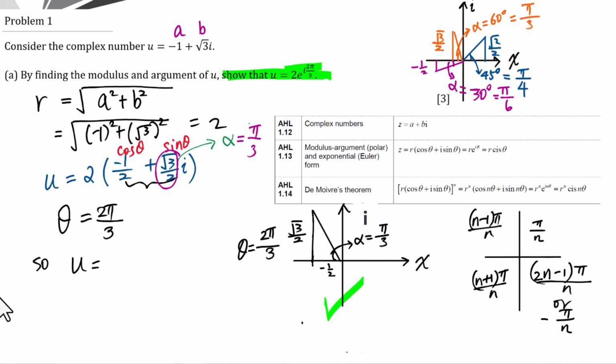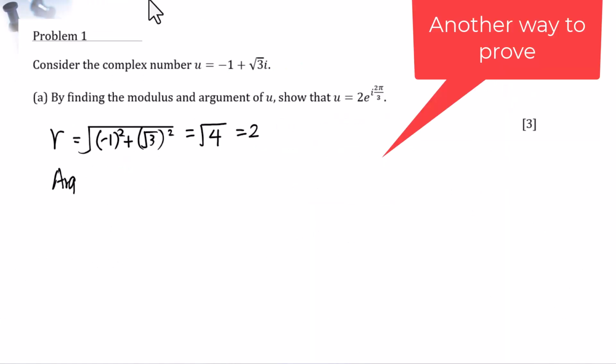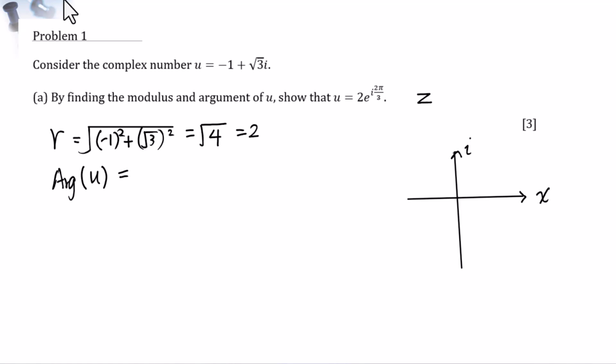So u equals 2 times e to the power of 2 pi over 3 i. For the argument of u, for any complex number z equals a plus bi, the reference angle alpha equals arctangent of the absolute value of b over a.